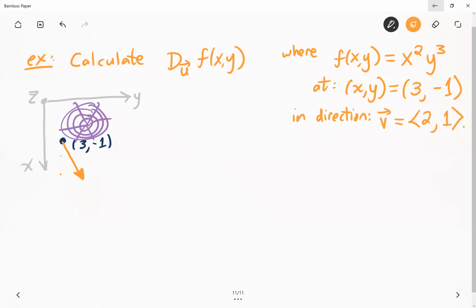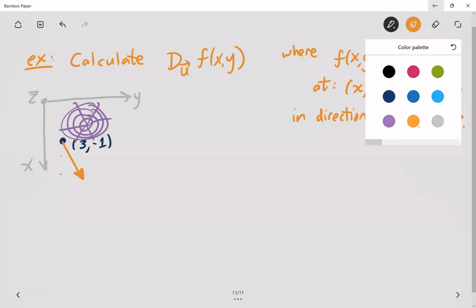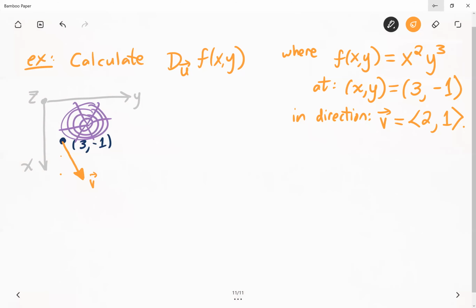However, one thing you always have to remember when calculating directional derivatives is you always want to work with a unit vector. It's kind of like standardizing how long everything is. So this orange vector I just drew is the vector v. My first step is going to be to convert this into a unit vector u, the vector which just has length 1.